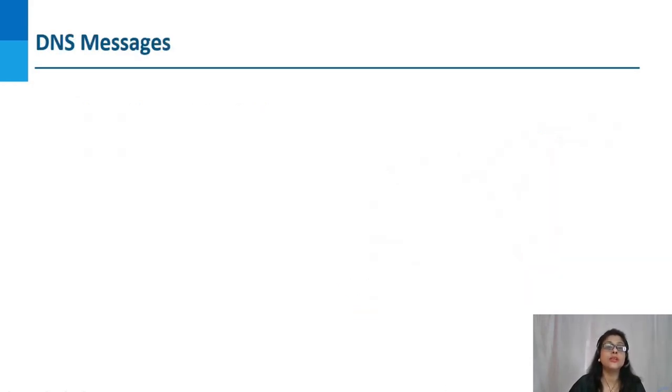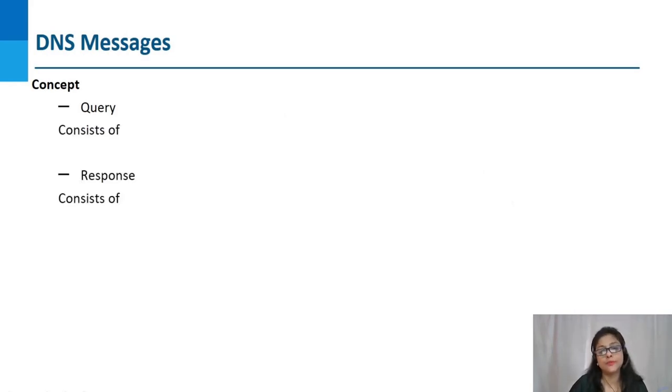Let's now talk about DNS messages. DNS messages are of two types. One is the query type of message and the other one is the response type of message. The query type of message will consist of the header and the question record.